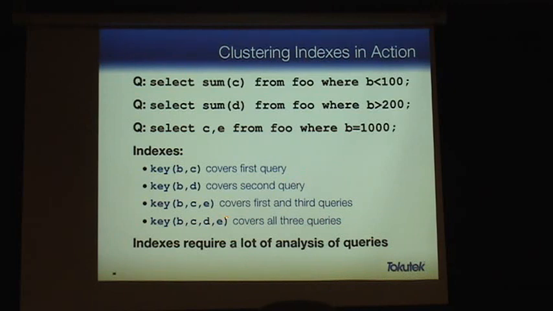Or if I want to cover all of them, I have to make one with BCDE. This requires a lot of analysis of queries because not only do you have to predict what you're going to be selecting on, you're going to have to predict what data you're going to be retrieving. It's not just enough to know that I'm selecting on B. I need to predict, all right, what information am I going to be interested in? And this can be a bit of a pain.